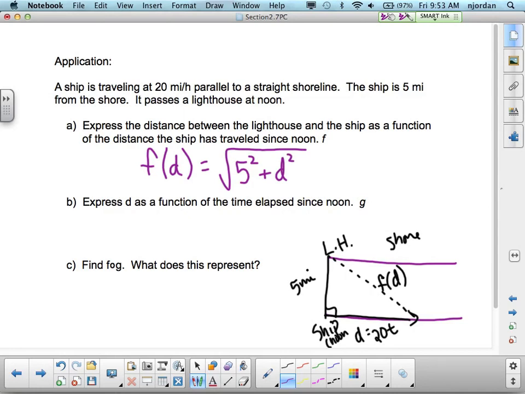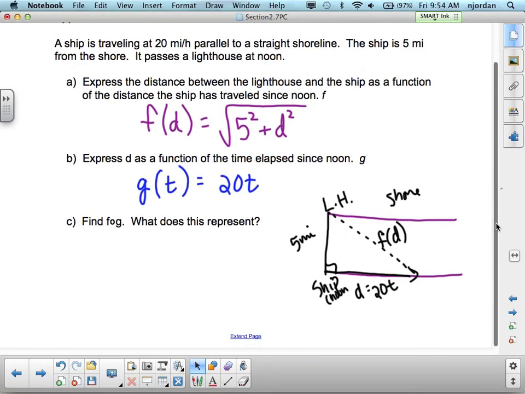Now, if I want to express the distance as a function of the time that has elapsed, then I can take a different function here, let's call this the g function, in terms of time, and that would be my 20 times t, the rate times time. Okay, so basically all you're doing here is you can see the substitution.